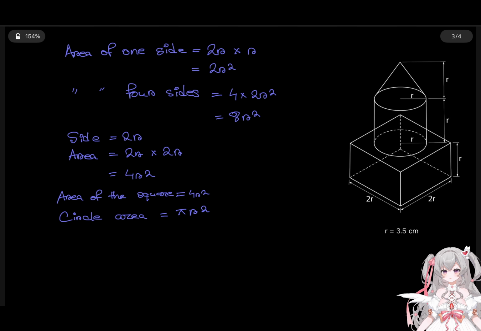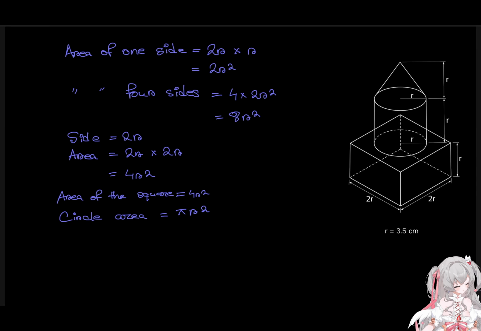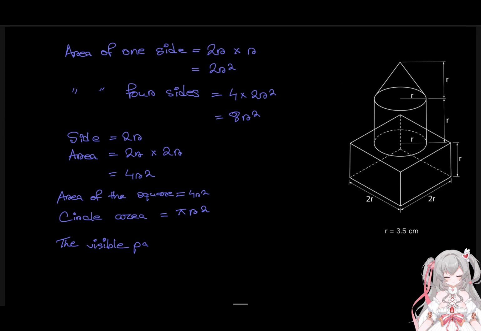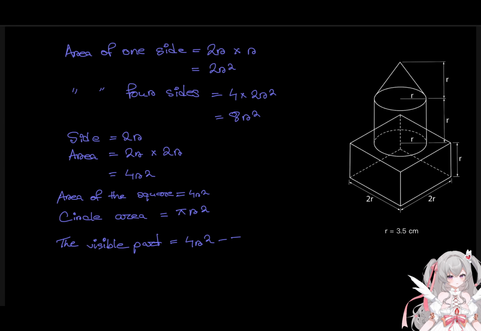If we deduct them, then we get the area of the visible part of this surface, which is equal to 4r squared minus pi r squared.